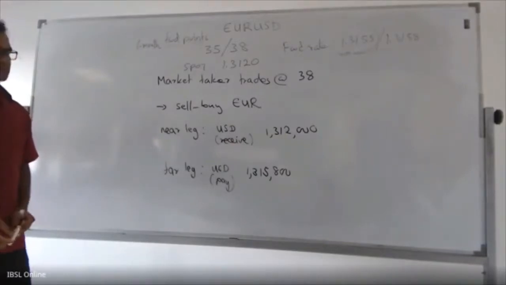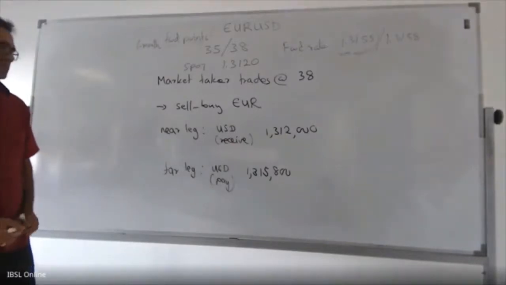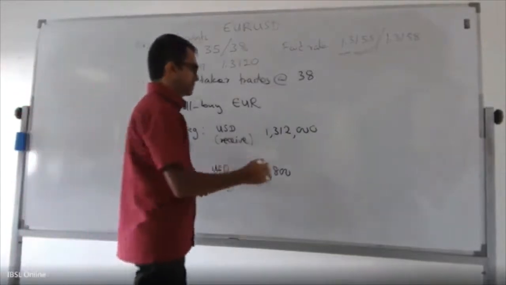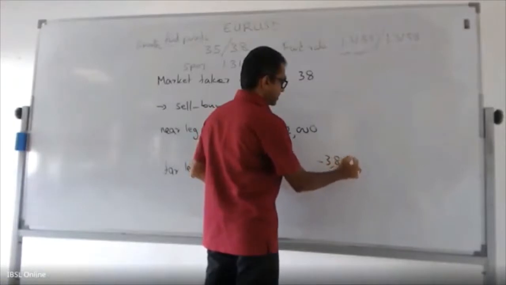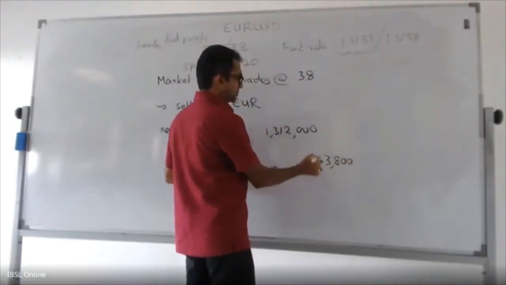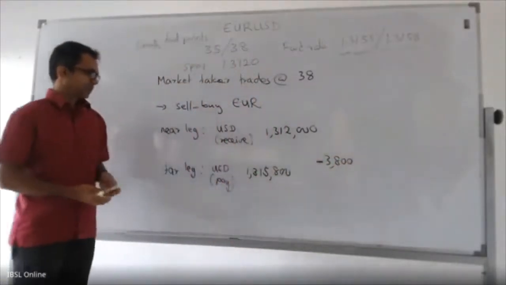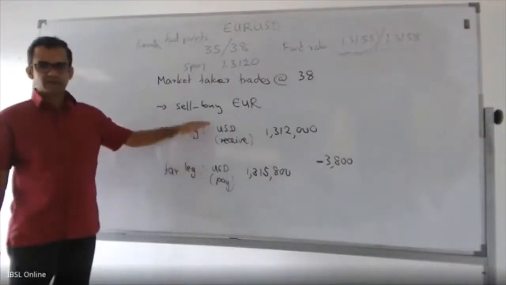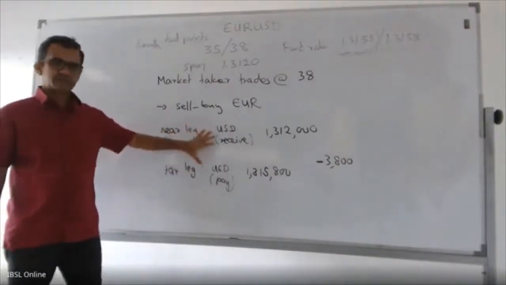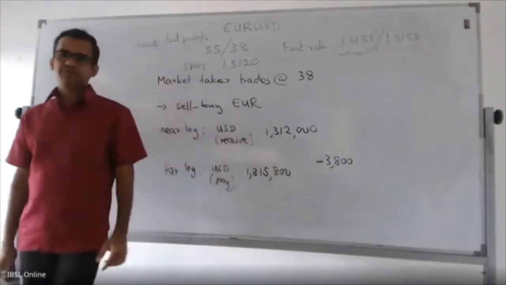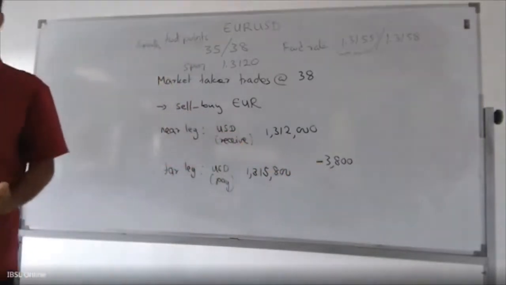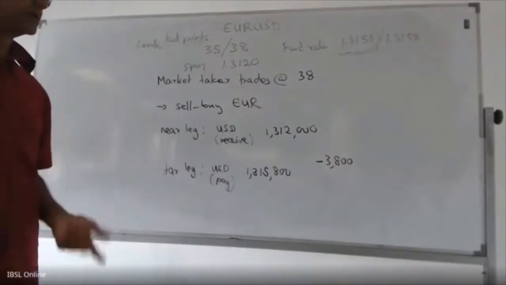What's the difference? It is negative 3,800. What you pay is more than what you receive. So it's a negative flow. You make a loss or you make the payment.